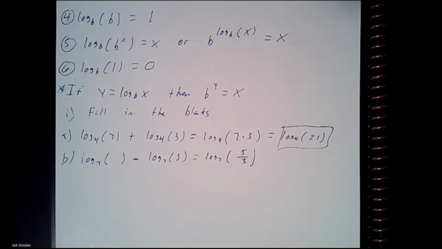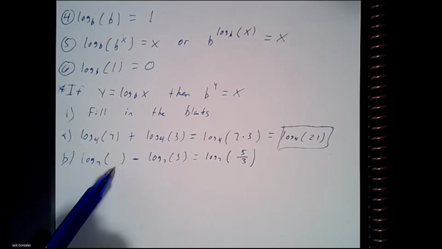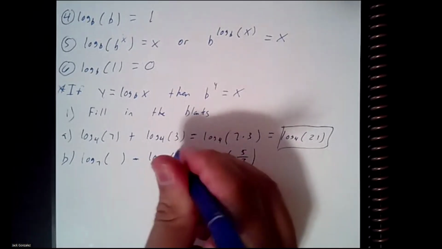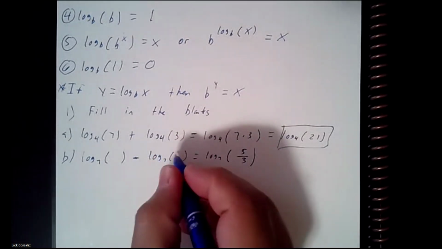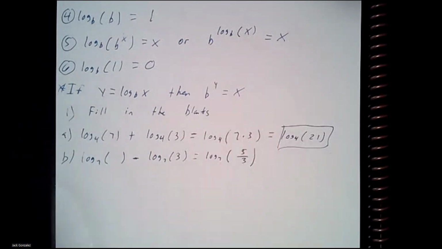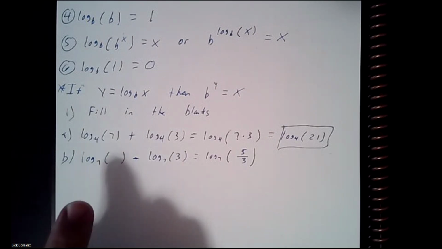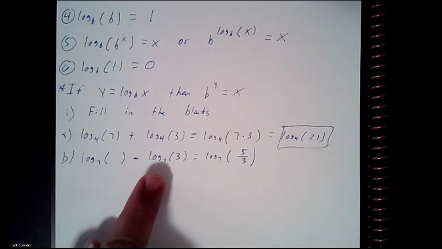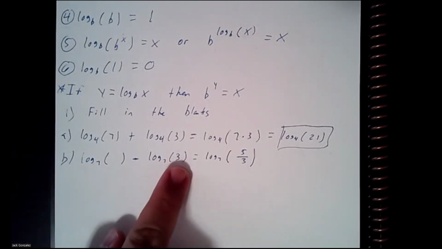So this is the rule number 2 property. So what do you think this has to be? And it's supposed to be a 3. Right, this is this one right here? Or this is log base 7 of 3.